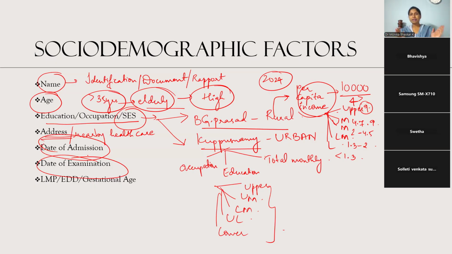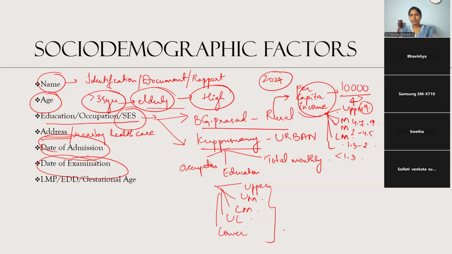So what is important here is the date of admission and date of examination. If she is a case of anemia and you have already treated her with blood transfusions or iron infusions and she is stable now, the treatment history is very important. So what treatment was given in the healthcare facility has to also be elicited in the history taking. That is when the date of admission and date of examination hold their importance.